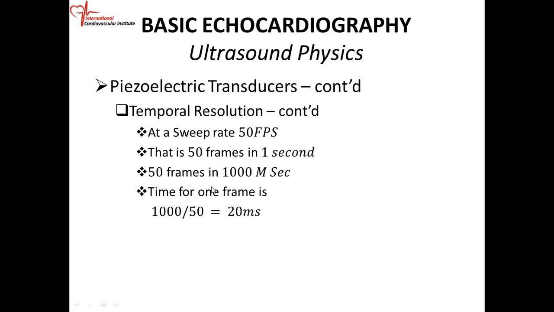Each frame is going to take 1,000 divided by 50, which is 20 milliseconds to be completed. But remember what we said: the time for each scan line is 0.195 milliseconds. So you can find out the number of scan lines in each frame.